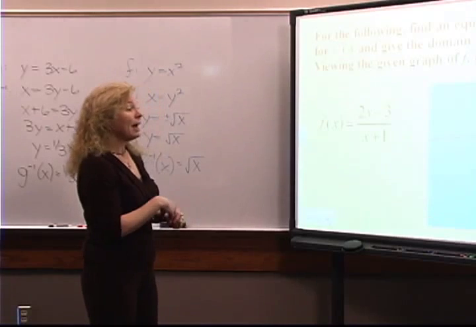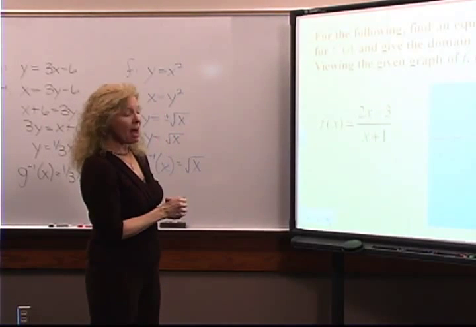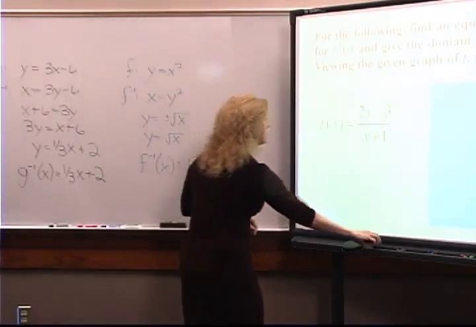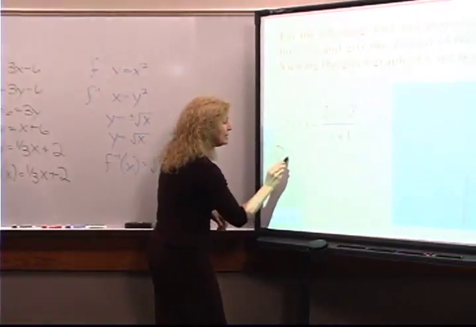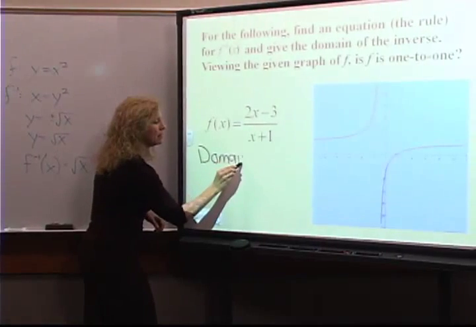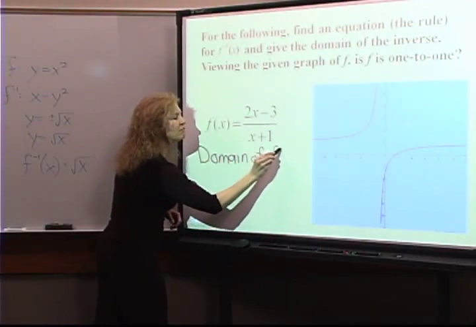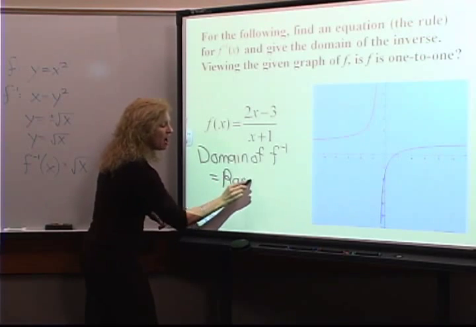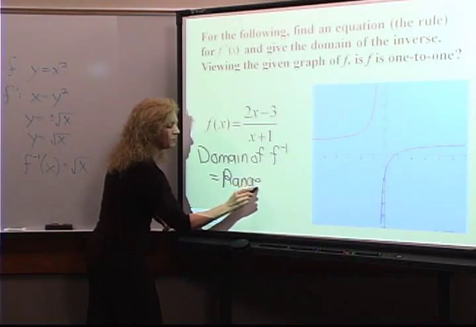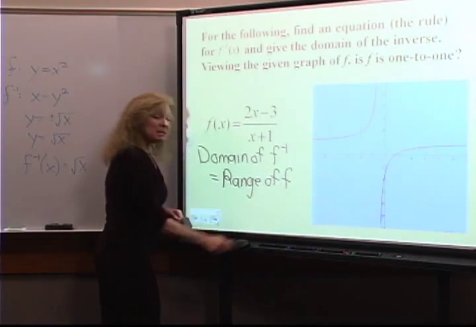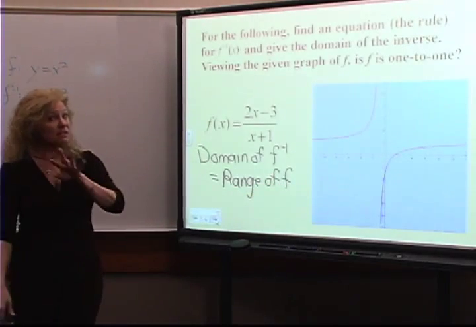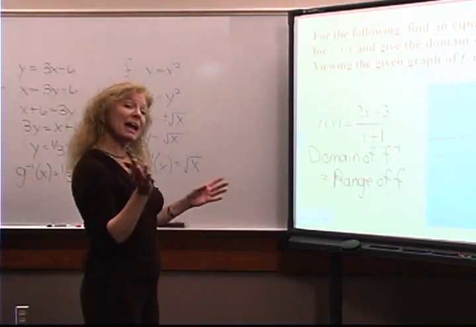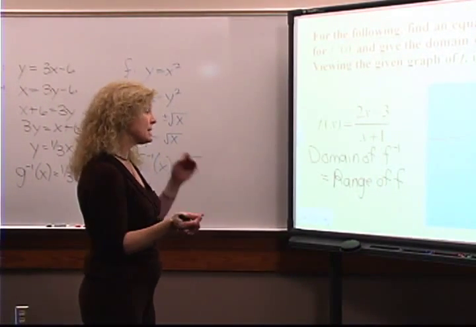Now, it also helps to see this graph to get the domain of the inverse, because remember, domain of f inverse is going to equal range of f. And sometimes that range is a hard thing to find until you get really comfortable with these functions, but having the graph is really handy.